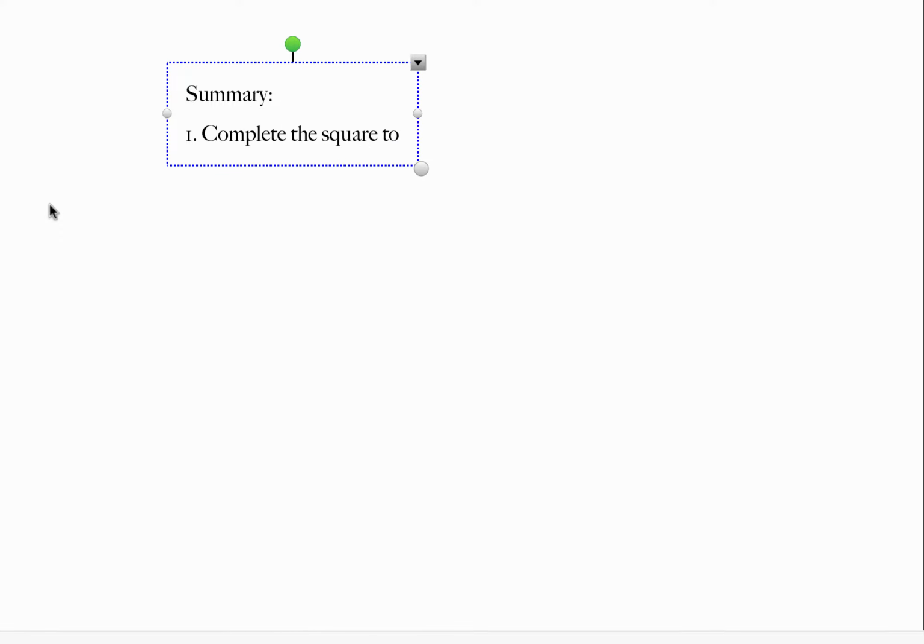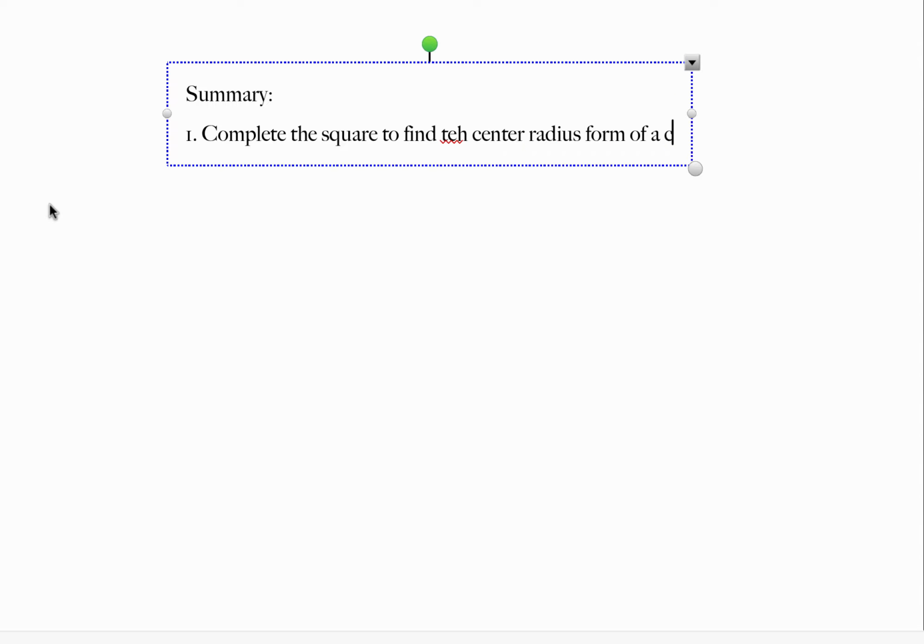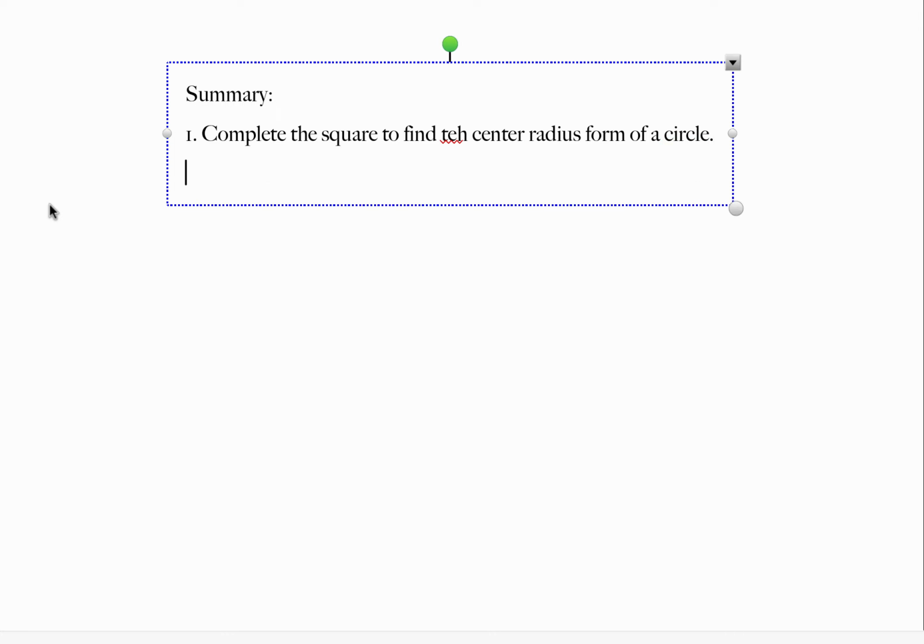All right, so this was just a little short lesson on some key points. One, complete the square to find the center-radius form of a circle. Don't mind my typing.